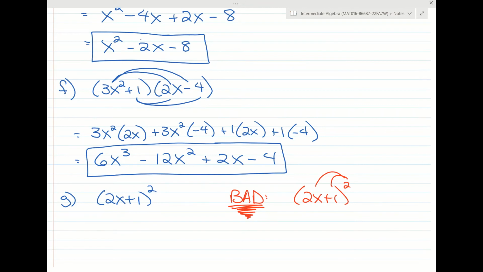For a problem like this, what we have to do is 2x plus 1 times 2x plus 1.